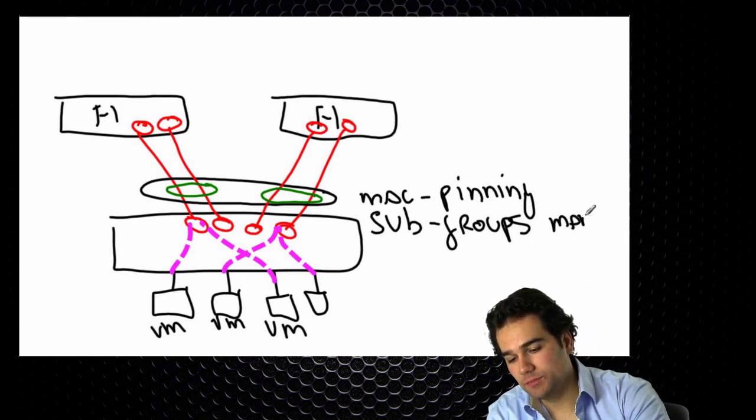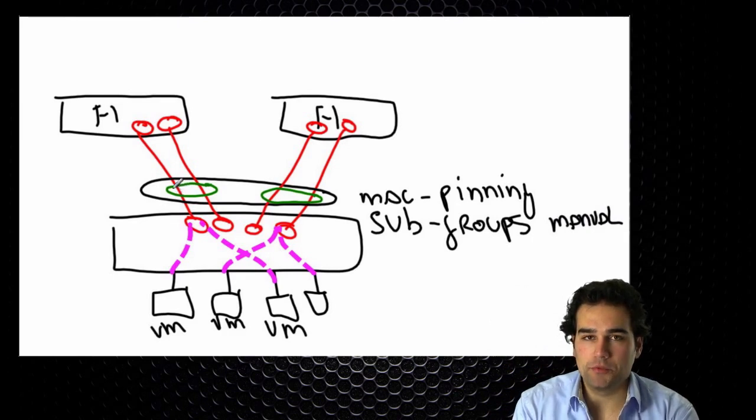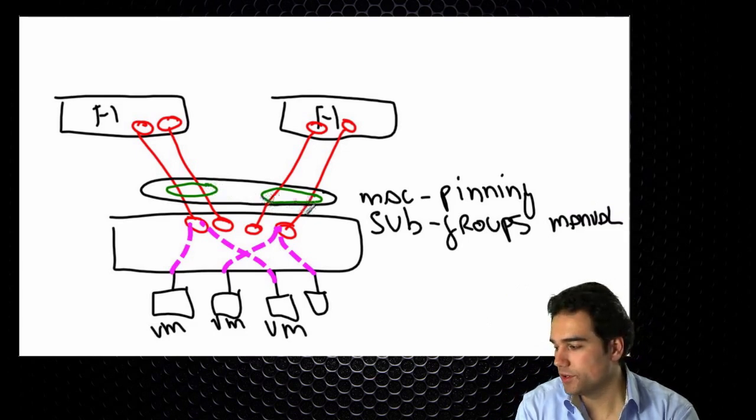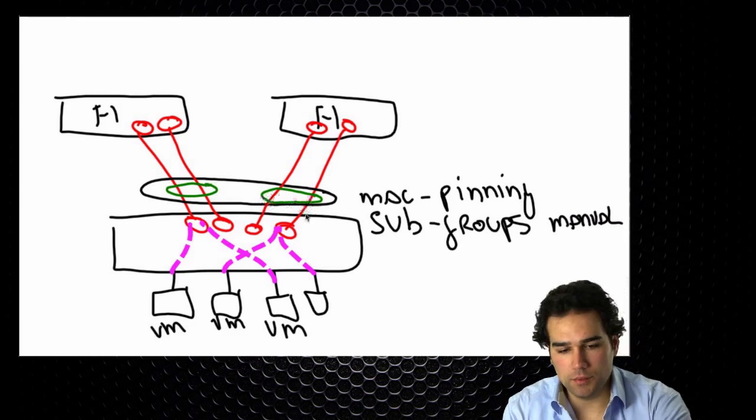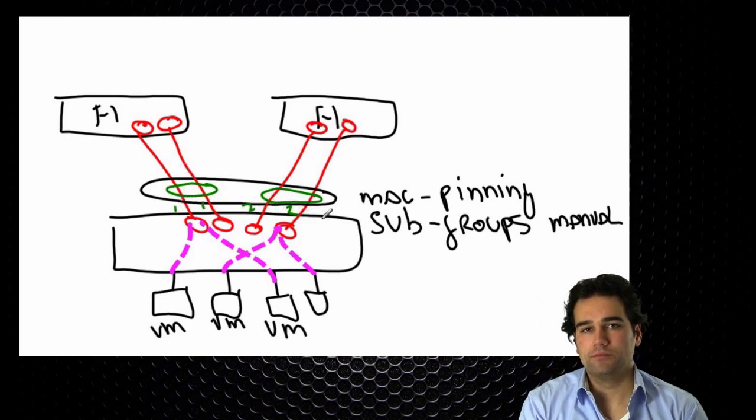I can configure these manually by saying, all right, link 1 is subgroup 1. Link 2 is also belonging to subgroup 1. Link 3 is belonging to subgroup 2, and link 4 is also belonging to subgroup 2. So I'm going to manually configure these ports for 1, 1, 2, 2, and they will be bundled together.